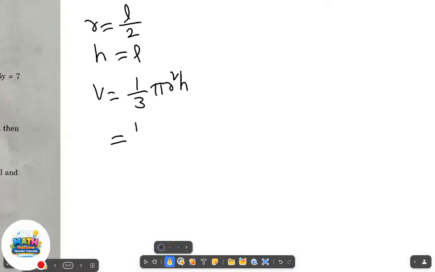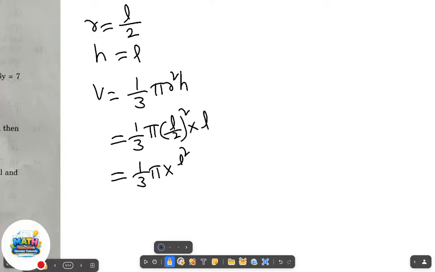Now let's check: 1 by 3 pi, r square means L by 2 whole square, into h. h is L. So 1 by 3 pi into L square by 2 square, which is 4, into L. So pi L square into L, which is L cube, by 3 into 4, 12.